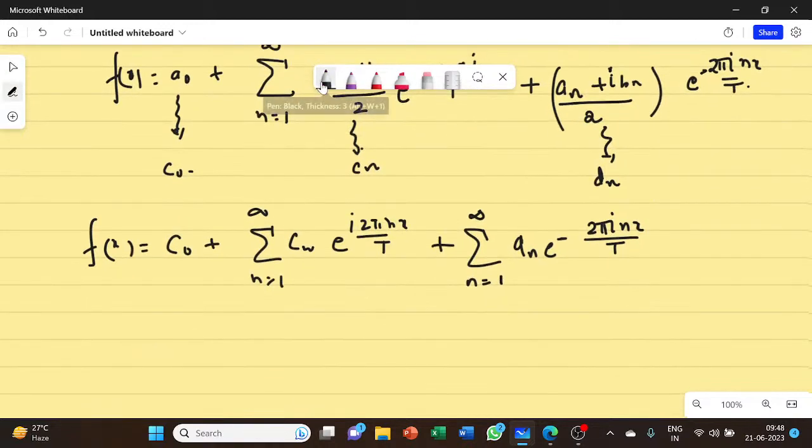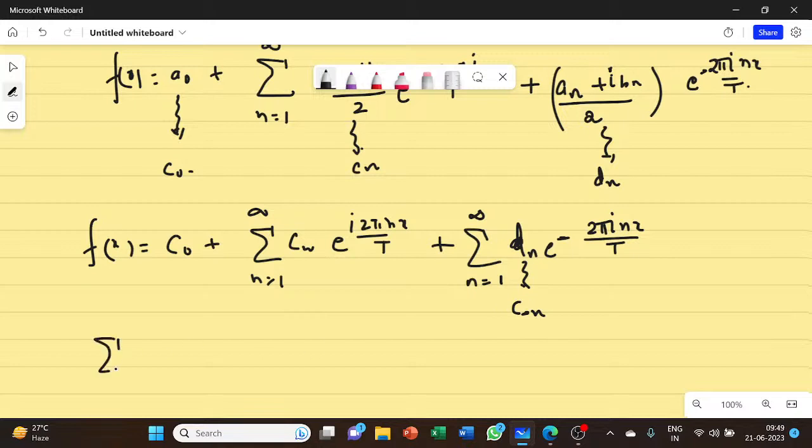And then what I can do is define this d_n as simply c_minus n, because it is taking care of negative. Here you can see minus is there. So if I place n equal to 1, it is coming out as minus 1. If I place n equal to 2, this will become minus 2. So basically it is equivalent to running the index from negative. Okay, so I'll simply write this d_n as c_minus n.